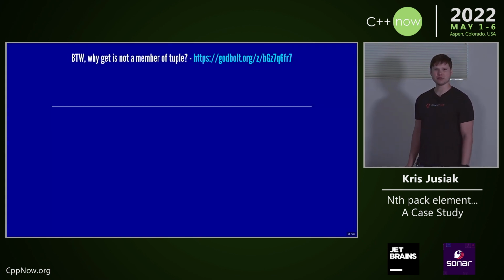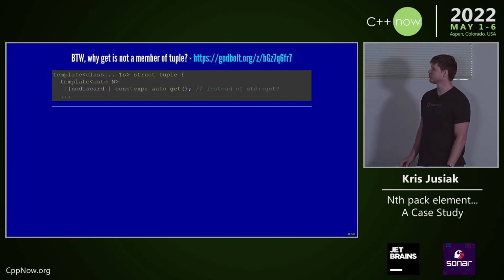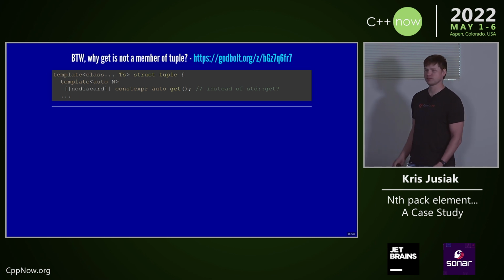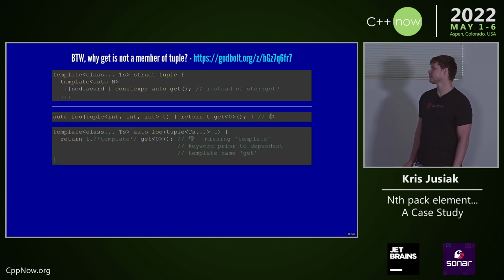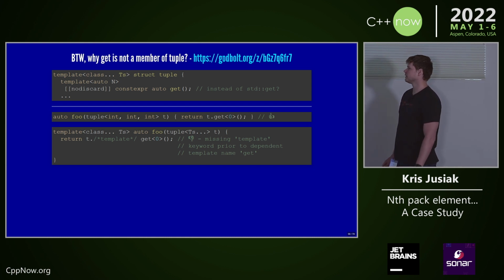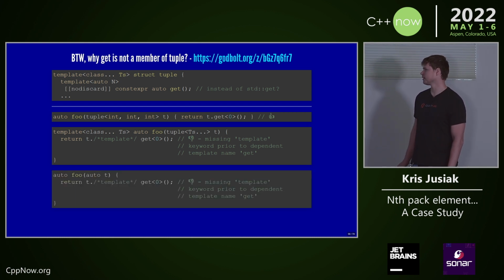Okay, so we've done all this work in order to get the nth element of a tuple. By the way, any ideas why we do not have get as a member function on a tuple? To avoid the dot template. Yeah, the comment is to avoid the template, exactly that. If the tuple had a get, following other standard containers, that would work with a concrete tuple, but it wouldn't with a dependent one, because when we have a dependent template, we have to put this dot template on it, and obviously that's a lot of dark magic for a lot of people.